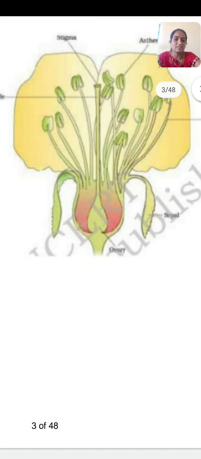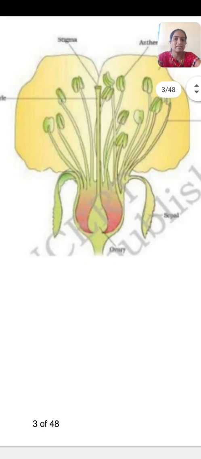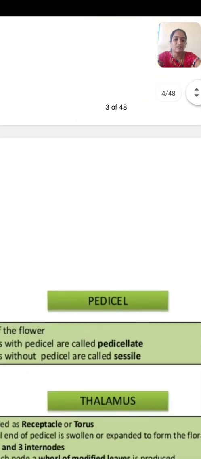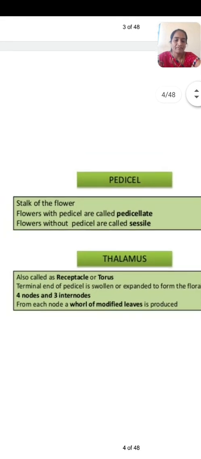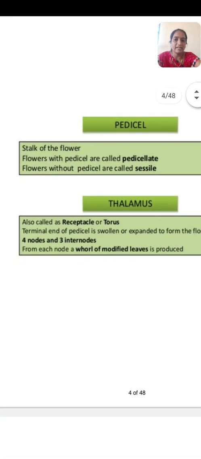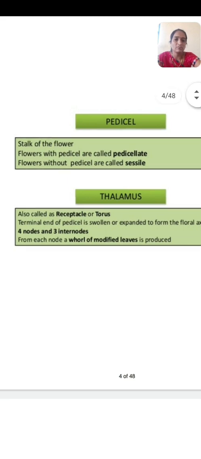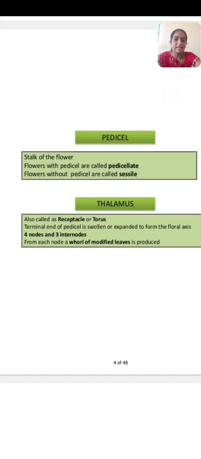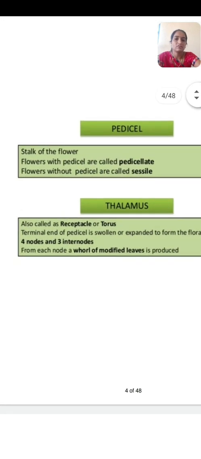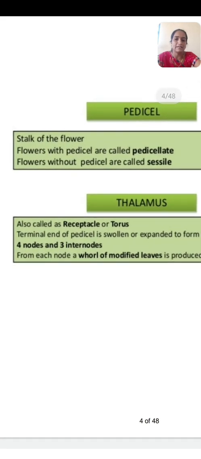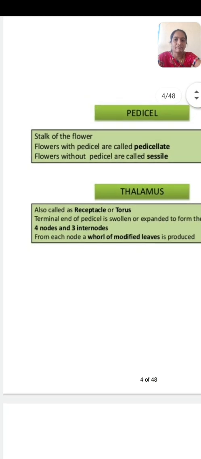The terminal end of the pedicel is swollen or expanded to form the floral axis, known as thalamus. It has 4 nodes and 3 internodes, and from each node floral whorls can arise.